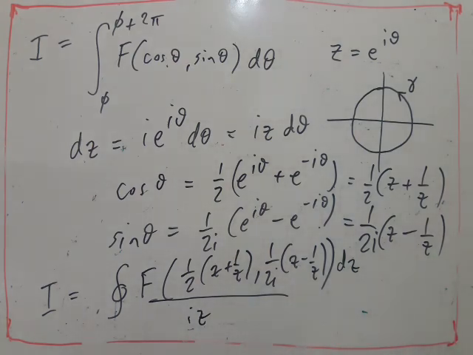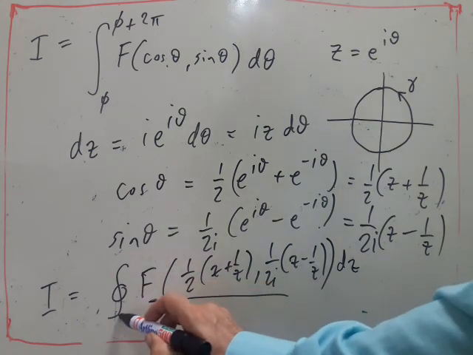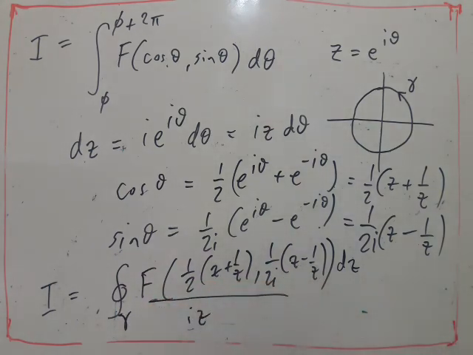And there we have it. So then we can evaluate this using the sum of residues. So this is just the unit circle, 2 pi i times the sum of the residues.